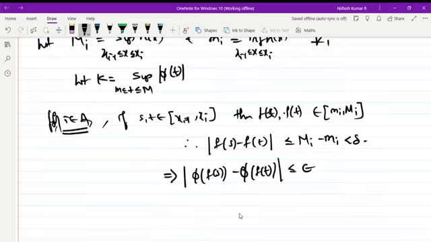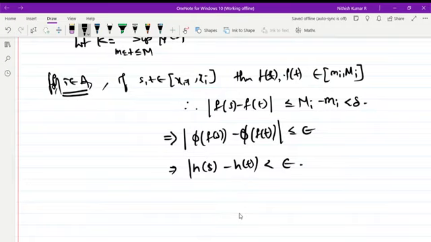Therefore, since phi of f of s is h of s, modulus of h of s minus h of t is less than epsilon.